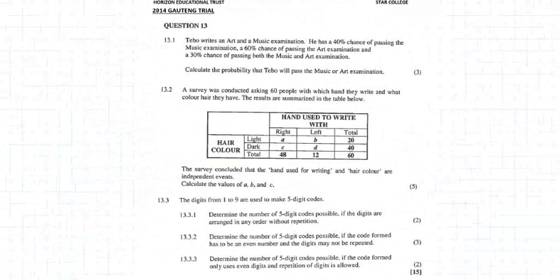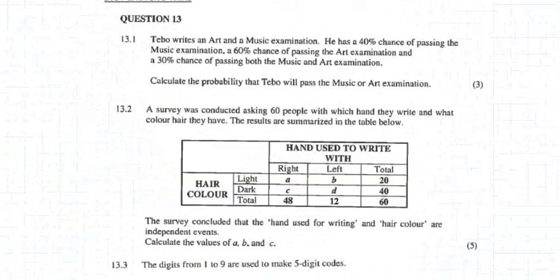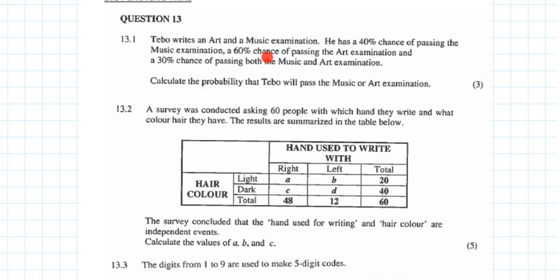Thabo writes an art and music examination. So he has a 40% chance of passing music and a 60% chance of passing art, and then 30% of passing both. Okay. Now we will just apply that formula because we are given P(M), which is 0.4, the 40% chance, and art is P(A), that's the 60% chance.